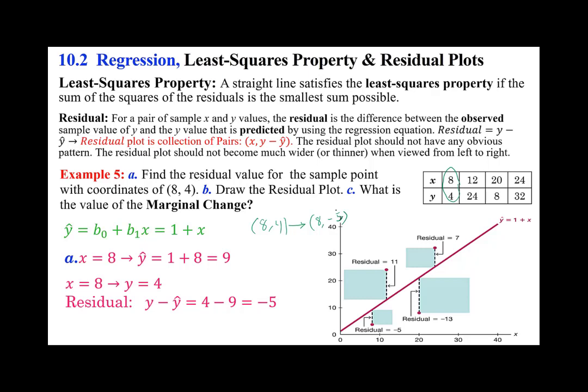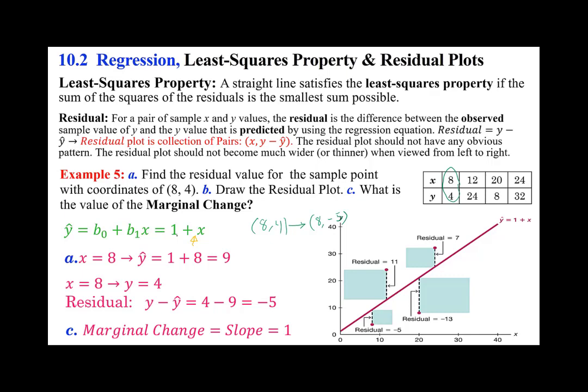Remember, marginal change was y equals mx plus b. So when we have 1 plus x, if we are given data, we come up with the table: a column of x, and a column of y is 1. And then we need x times y, x squared y. So we want to find those values and then add them up. Look at the synopsis of what we need to do.